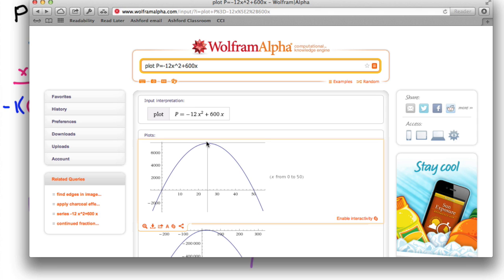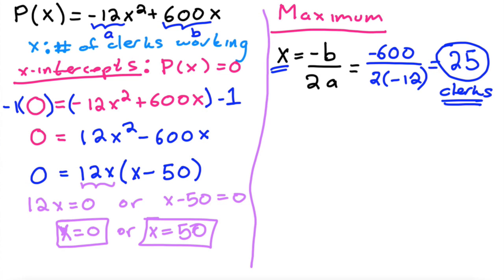Now, what is that maximum profit? The maximum profit is found by plugging this number of clerks into the profit function.